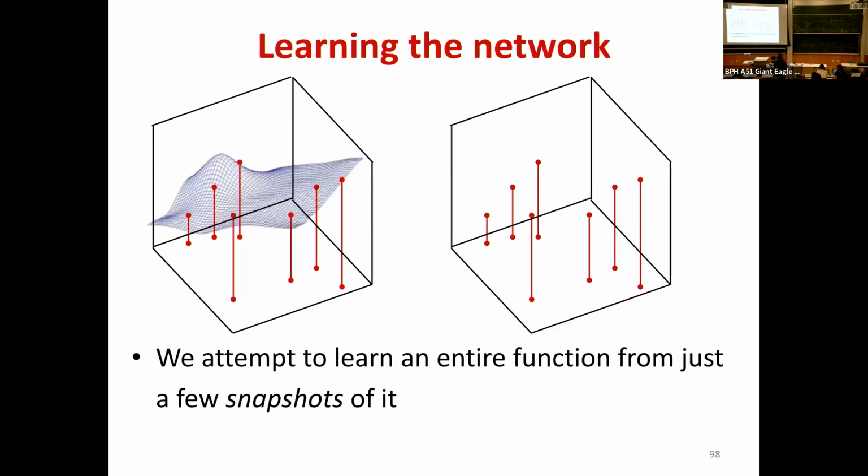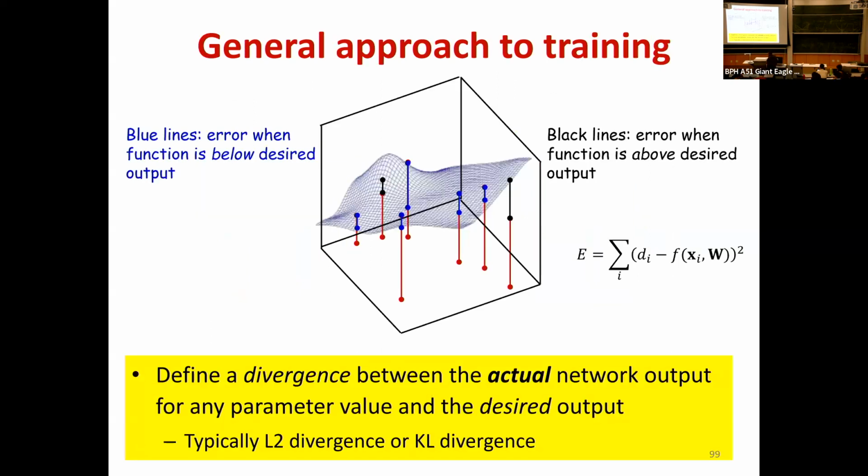We attempt to learn an entire function from just a few snapshots of it, right? So this is the kind of picture I've been drawing all along. We said that we define a divergence between the actual output of the network and the desired output of the network. If you have some current setting of the network, it's going to compute some other function.